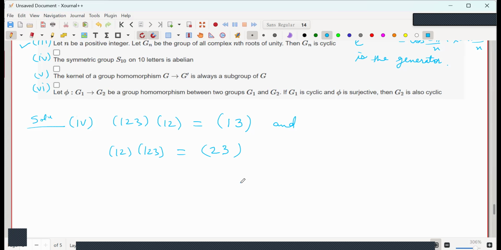So this is just this. Both are 2-cycles, but both are different. So yes, Pranjana, you are correct.